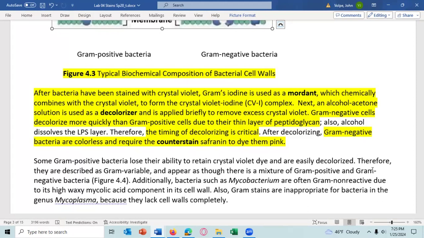The gram-negative cells become clear, and then we stain the cells with safranin, and that will make the gram-negative cells pinkish in color.